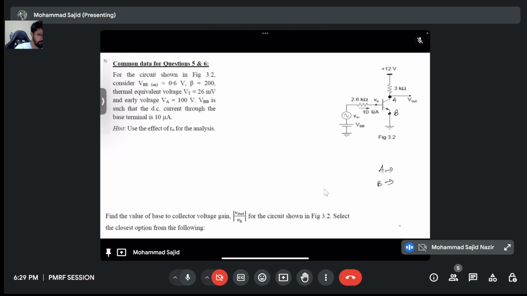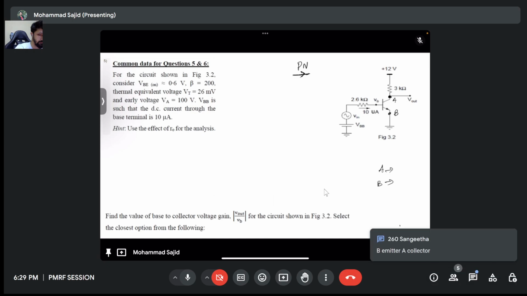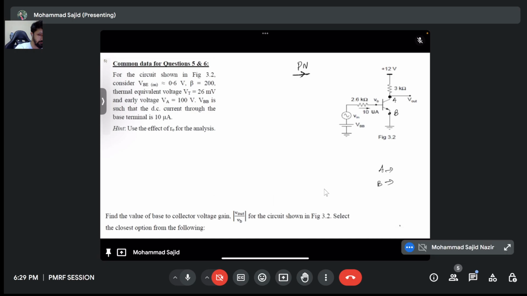Just look at the arrow. I have always said that it's easier to know in this way. Arrow points from P to N, and here B is emitter, A is collector. Just look here, PN. That means this one is P, A is N, B is N.